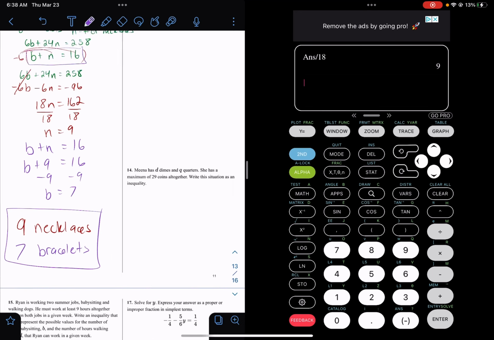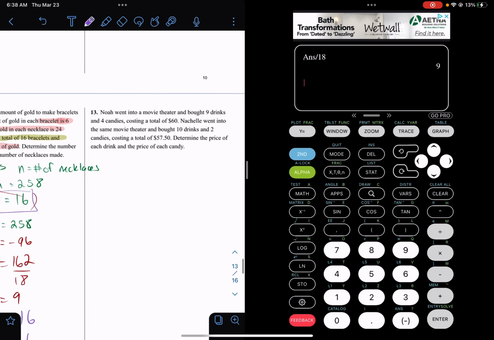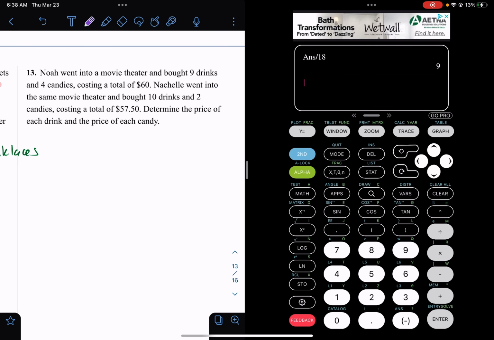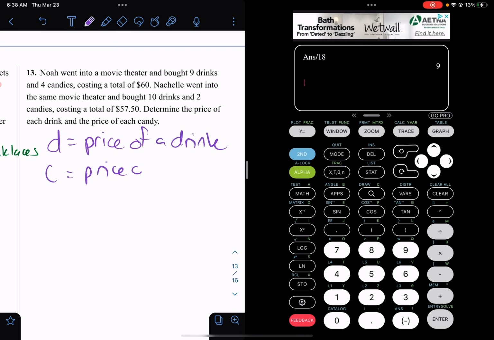All right, let's go ahead and try another one here. So it says Noah went to the movie theater and bought 9 drinks and 4 candies, and he spent $60. He went to the same movie theater and bought 10 drinks and 2 candies and spent $57.50. Determine the price of each drink and the price of each candy. So let's say D equals the price of a drink, C equals the price of a candy.